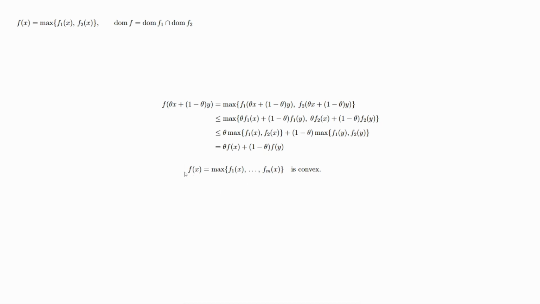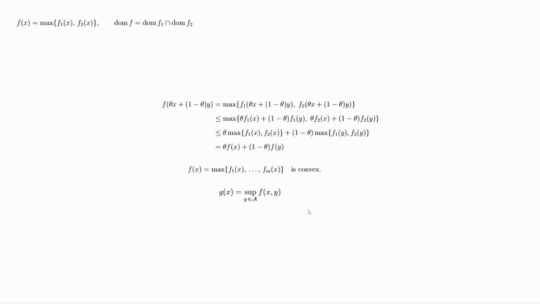We have a bunch of functions whose second derivative is positive everywhere, so they're curved upwards. If you take the maximum of these upward-curved functions, it makes sense that whatever you get is also still curved upwards.